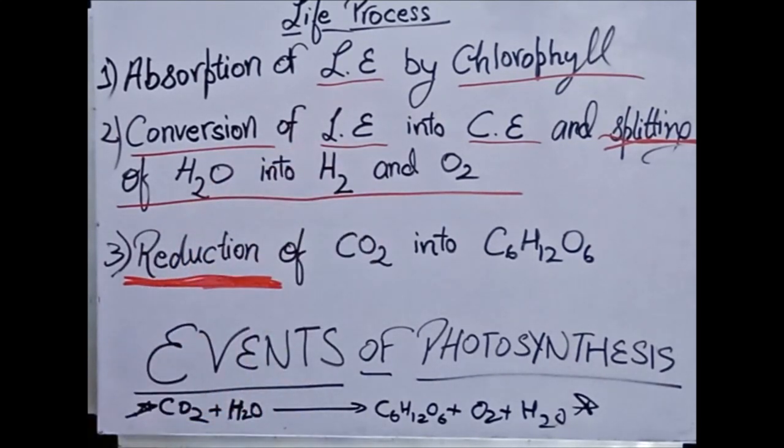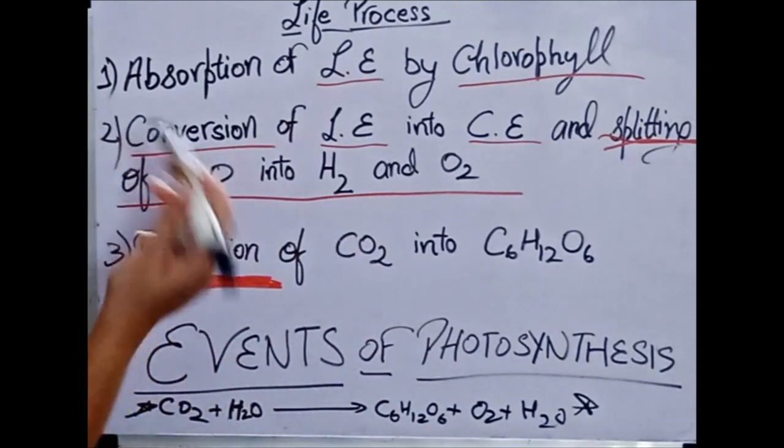Why are we saying reduction? It is because in CO2 there is no hydrogen, but oxygen is there, carbon dioxide is there. And if you check the product side, there is hydrogen as well. So oxygen has not been removed, but hydrogen is added on. And that's what reduction is all about.